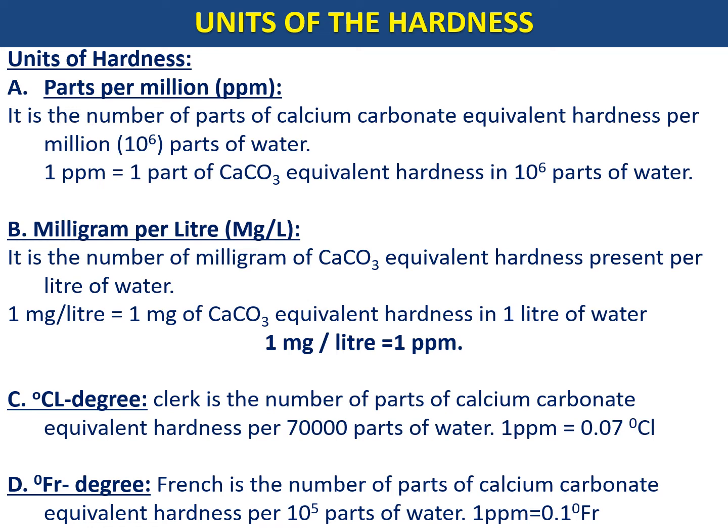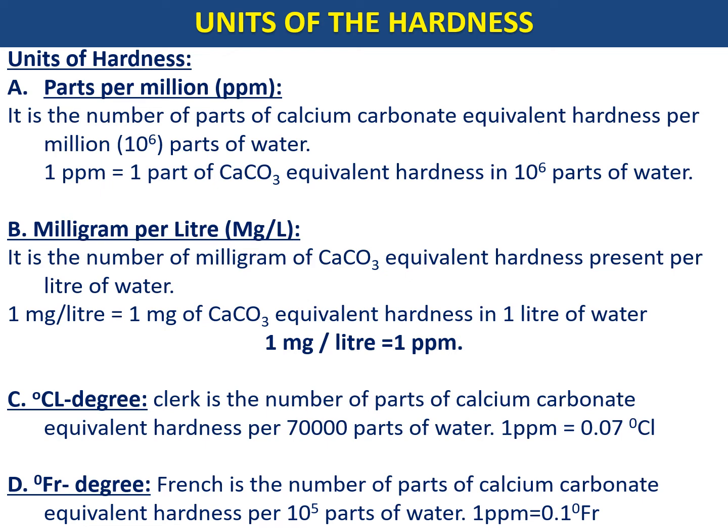That means how much hardness causing salt is present in 10 lakh parts of water. So 1 ppm means 1 part of CaCO3 equivalent hardness present in 10 lakh parts of water. That means hardness is generally a very low quantity.